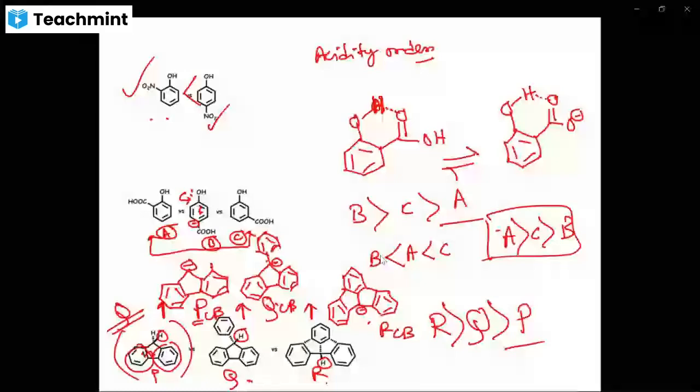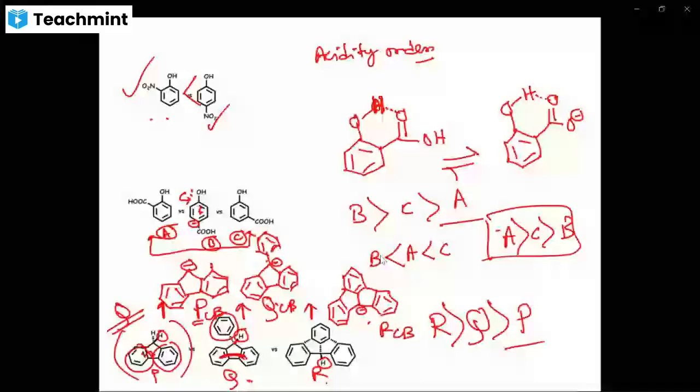For molecule Q and its conjugate base QCB, you will see that here also these two rings are in conjugation. Only this ring is not in conjugation, because you have a saturated center in between. But when it goes into the conjugate base form, one new aromatic ring comes into the picture.